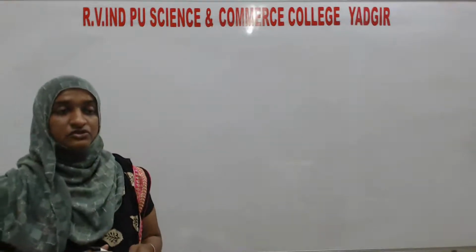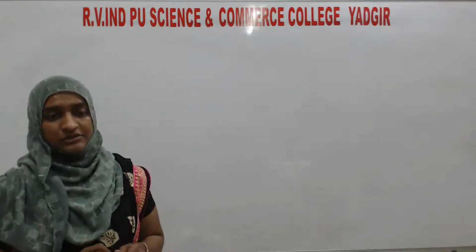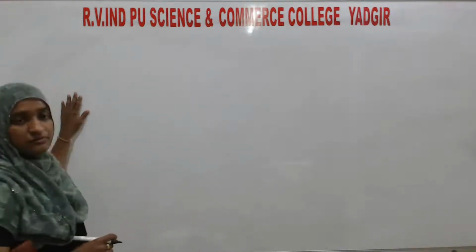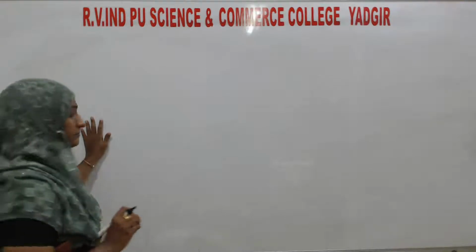Incomplete dominance is also known as partial dominance or blended inheritance. This question will be asked for 5 marks.